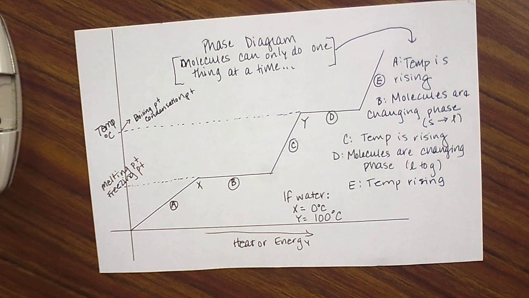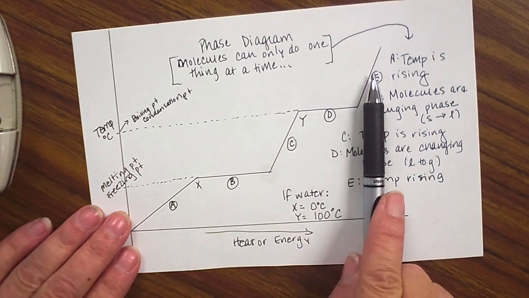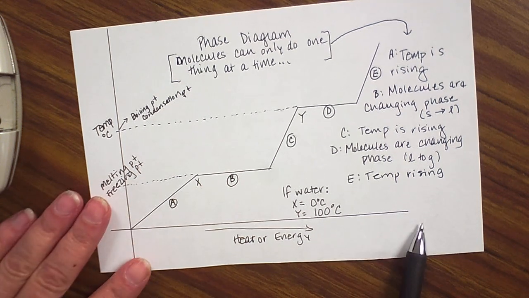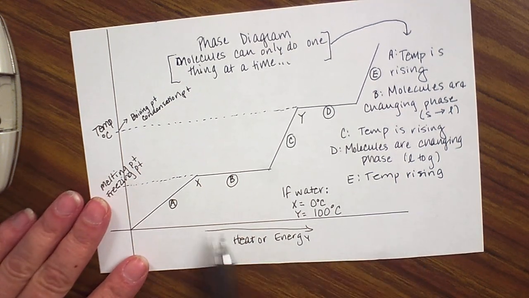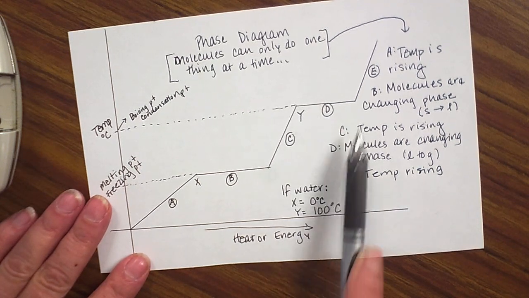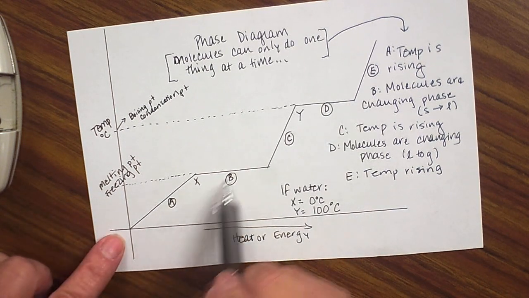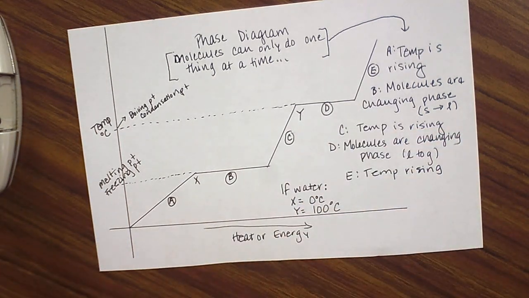Endo. How do you know? Because the energy is getting put into the substance. Right. So the temperature is rising and the energy is being put into the substance. The heat energy is being added into the substance. And the temperature is rising. So this is an endothermic situation.